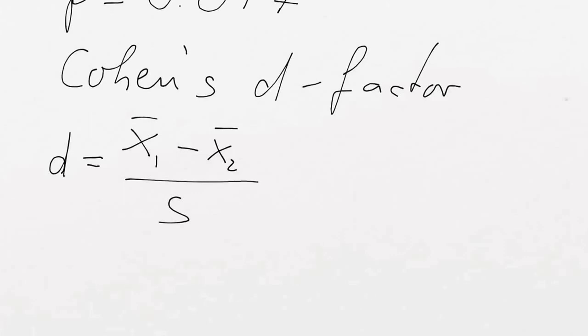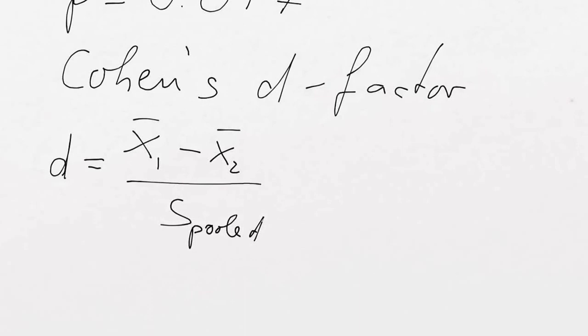When you look it up in Wikipedia, you will find that this standard deviation has a little index, which means pooled standard deviation. There's an equation for that, but I don't want to bother you with that.